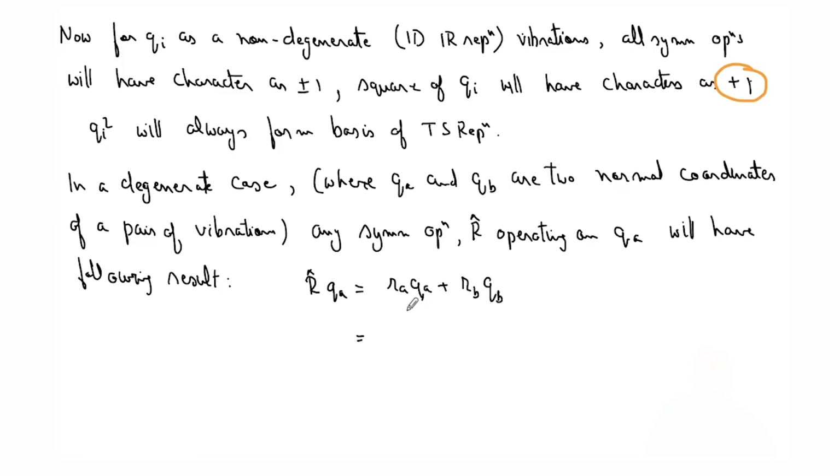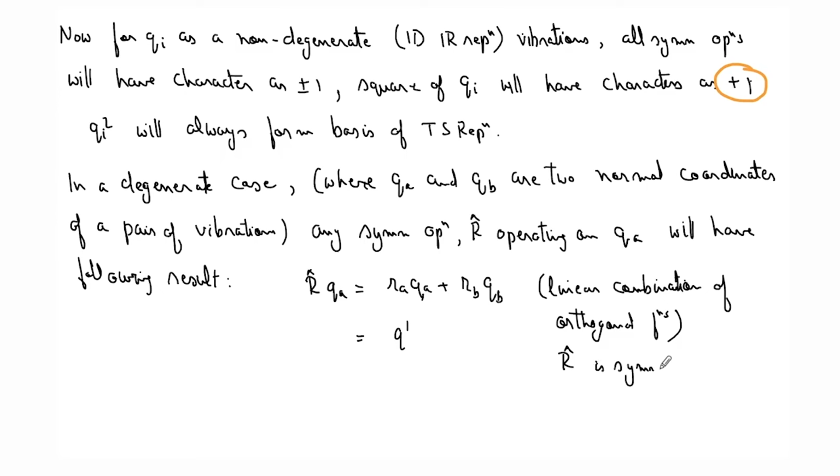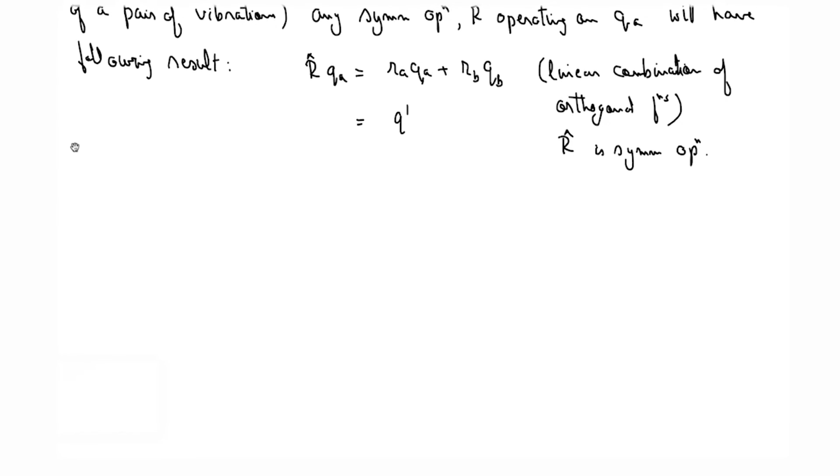So you can say that this is my Q prime, right? Let's say. So this is a linear combination of orthogonal functions, which together form the basis for a particular IR representation. And R is the symmetry operation, right? So this is understood.